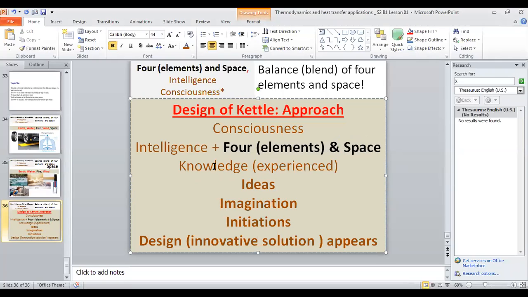So it's a sense of four elements and space, and then you have a very good mindset, a very good state of mind. You're focused to the fullest. So you know which point, the right initiative to trigger for the design process. Then go to the software and start drawing something. Very good, and there, all the things should work.